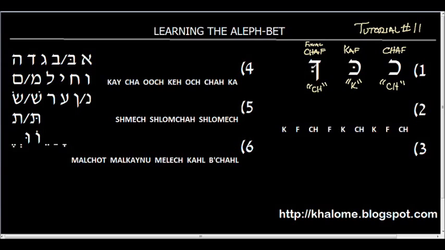The reason I'm showing you the shva there is because it's very common for this letter to be used at the end of the word, obviously, since it's the final chaf, and to also have a vowel mark next to it, and it always appears over to the left instead of down below, like the other characters we've looked at so far. And as far as I know, it's pretty much the only one like that. So I wanted to put that in there so that you'll know where to put your vowel marker if you need to.